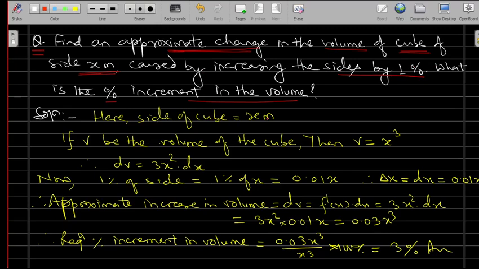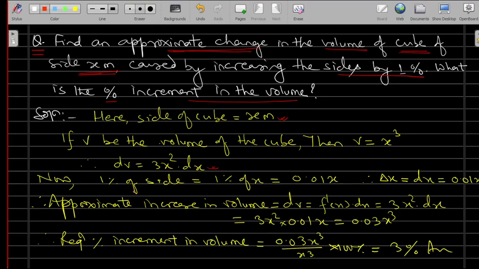So here the side of the cube is x meter, no doubt we know that, and let V be the volume of the cube. Then V is x cubed, because the volume of a cube is L into B into H, that is L cubed or x cubed. Then we find the derivative with respect to x: dV equals 3x² dx.